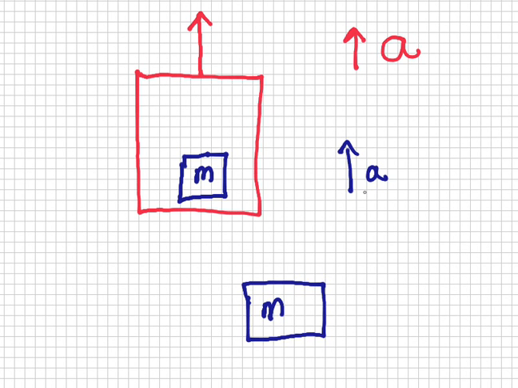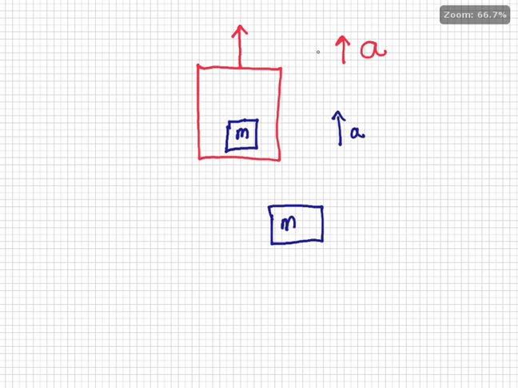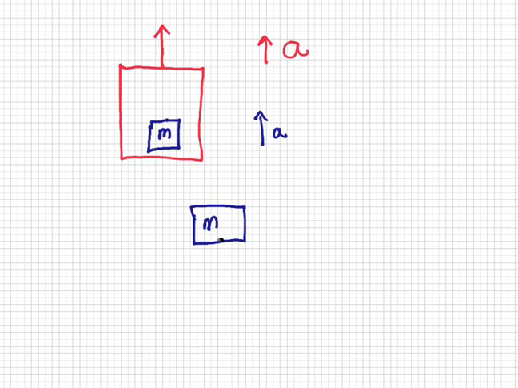So I want you to imagine you're the mass. Okay? So if you are this mass, what forces do you feel? Let's try to be specific. So gravity, you feel pulling you down. So for sure you have gravity, mg.